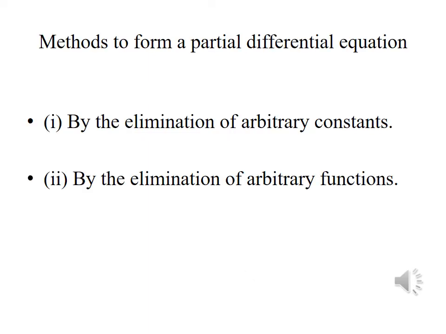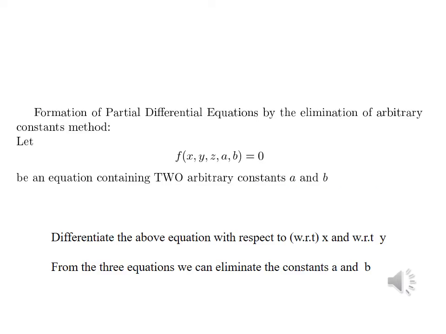Now let us move on to our first task, that is we'll form partial differential equations from our function by eliminating arbitrary constants and arbitrary functions. First of all, we will discuss the method of elimination of arbitrary constants, and then we will discuss the method of elimination of arbitrary functions.